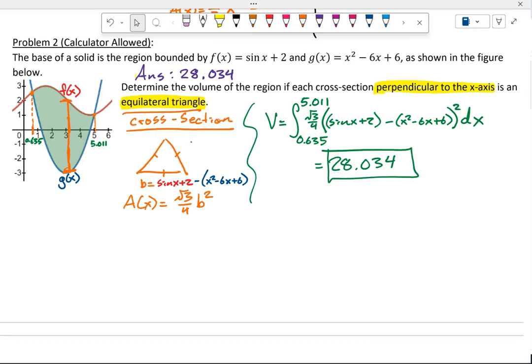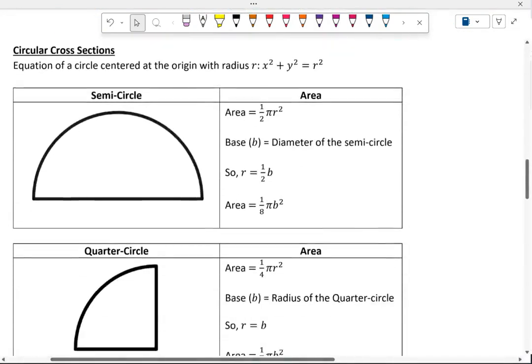I had somebody second period that did not distribute the negative to the second term, and they still had a negative 6x instead of positive. So please be careful with that. All right, any questions or clarification needed on problem number 2? We good to go, guys? All right, let's turn the page.